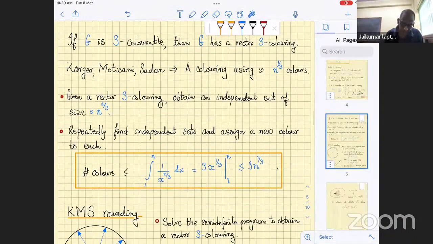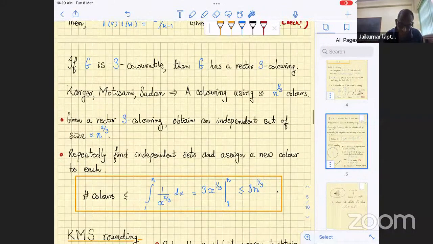Yeah. So we first get a 3 coloring, and Karger-Motwani-Sudan showed us that once you have such a coloring, from that coloring, yeah. So if it was a 3 coloring, you could always have picked up an independent set of size n/3. Yeah.